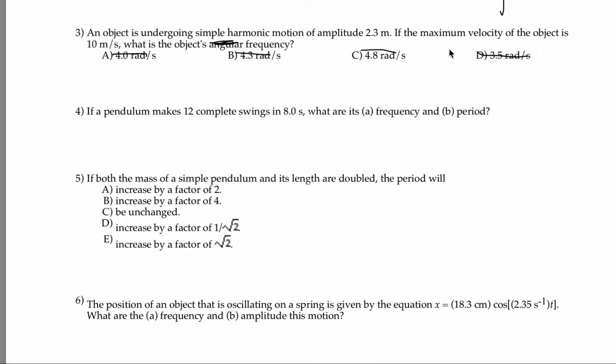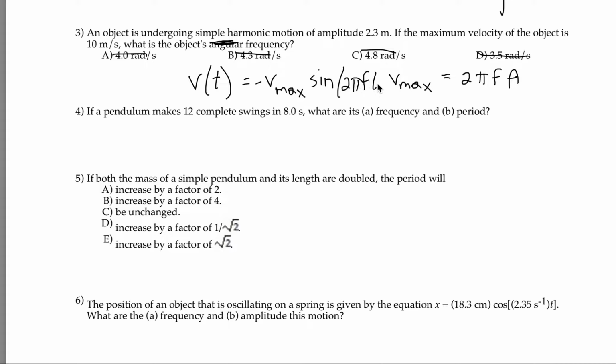So what we have to do for this one is use the expression that we learned for the maximum velocity, which was equal to 2 pi f times a. And this came from the equation for the velocity as a function of time, which was equal to negative vmax times sine of 2 pi ft.